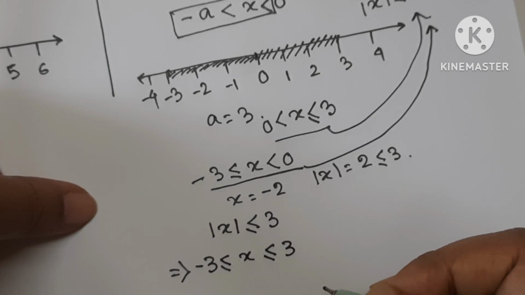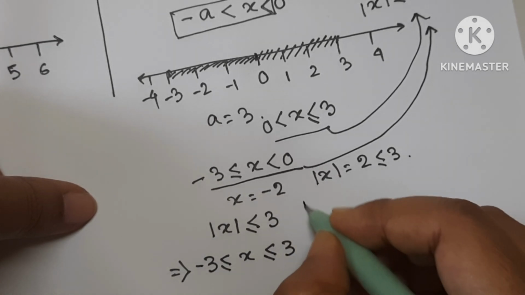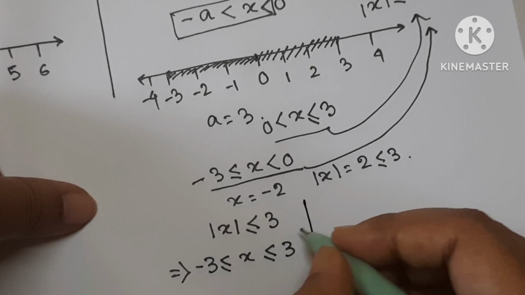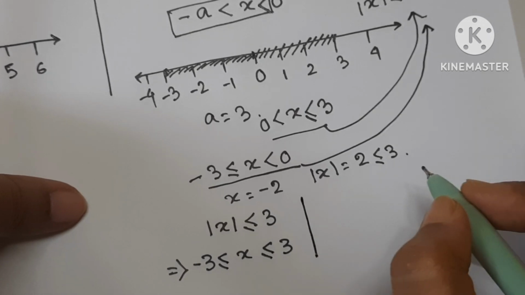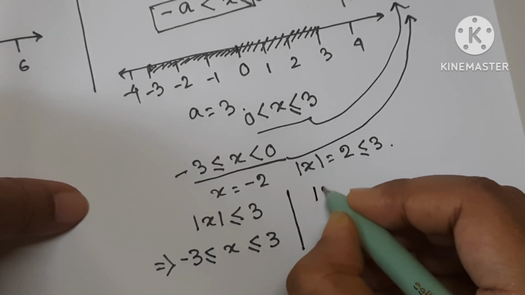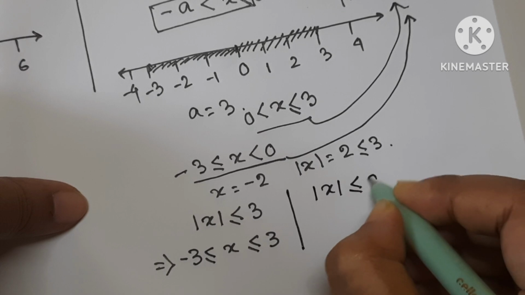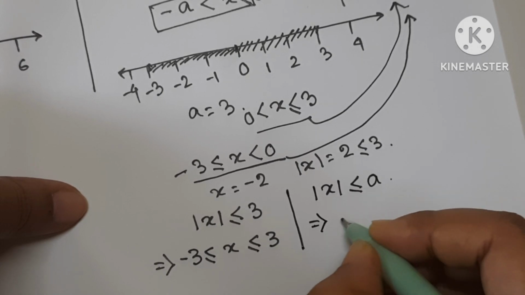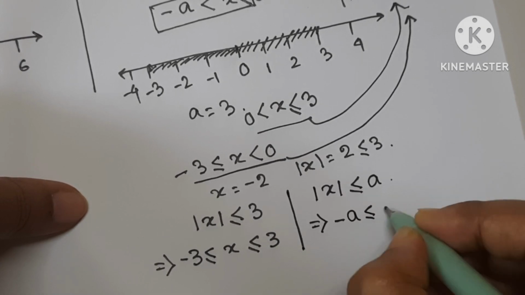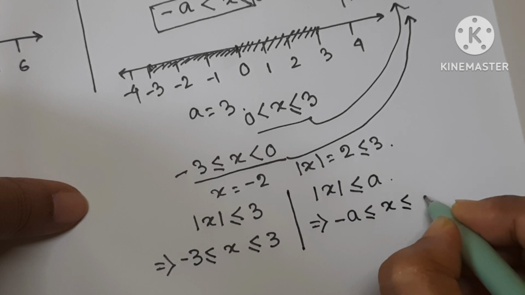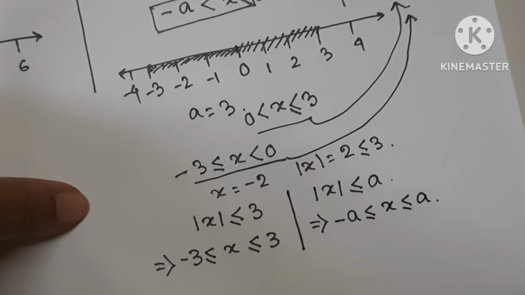Understood? So in the general version, mod of x less than or equal to a implies -a is less than or equal to x, less than or equal to a.